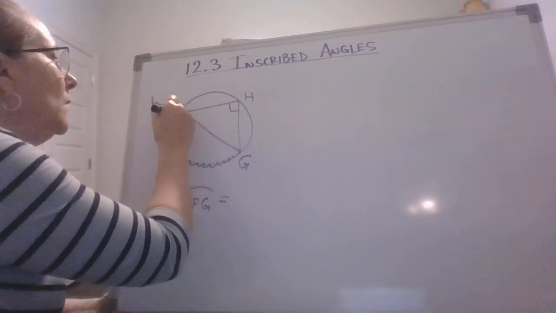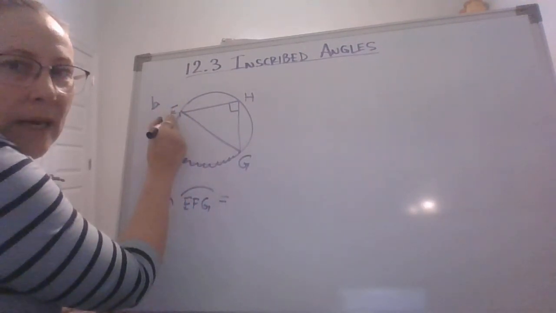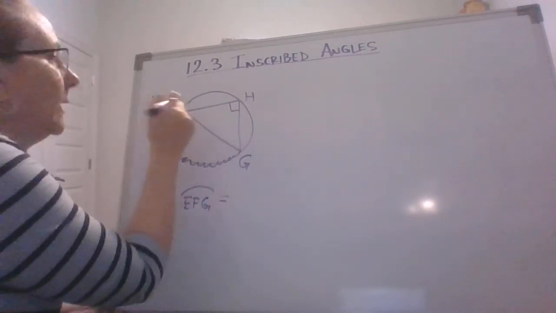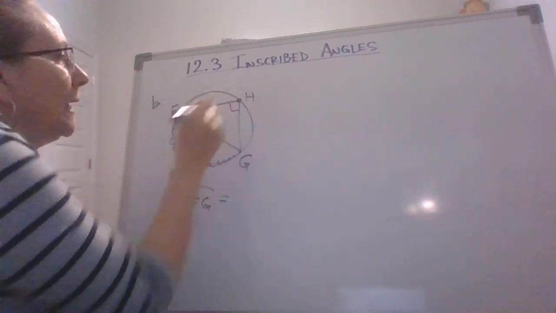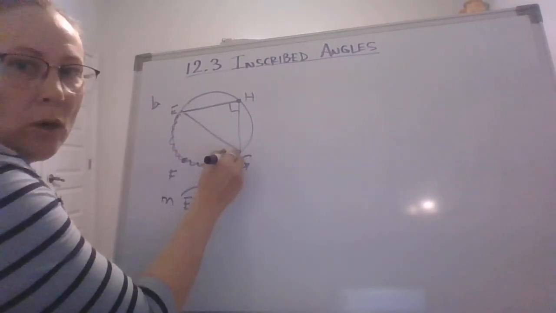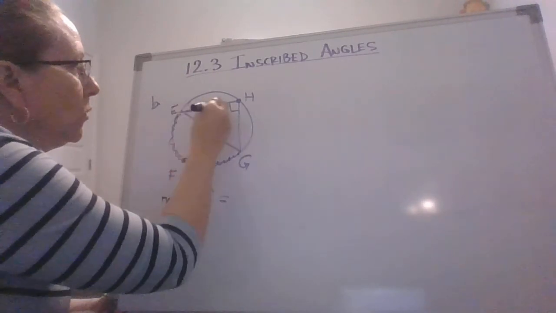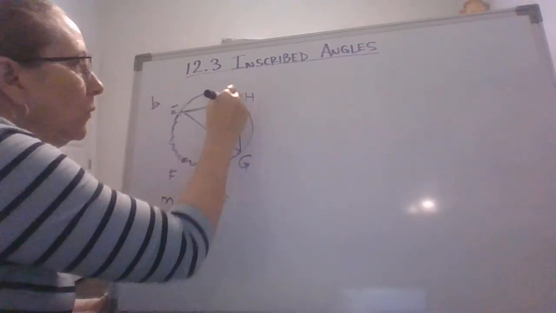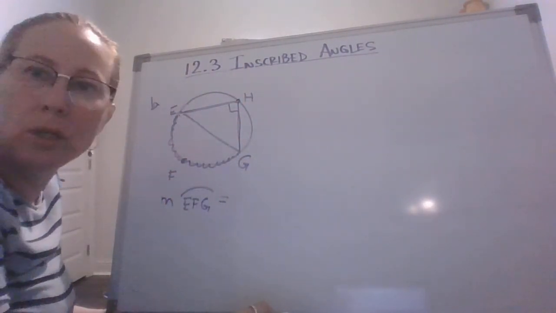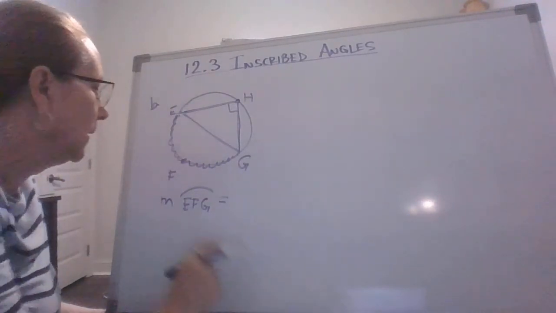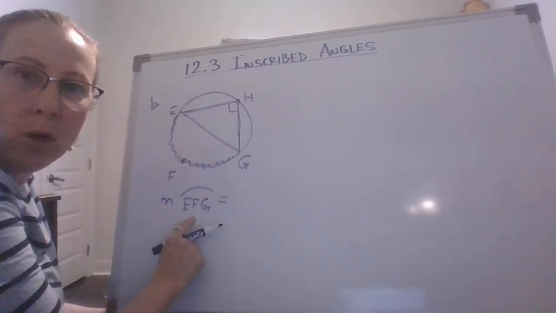Well, if we follow this point, the end of this arc, back, we get to point H. If we follow this chord back, and this chord back, we get to H. So H is the inscribed angle. EFG is the intercepted arc.